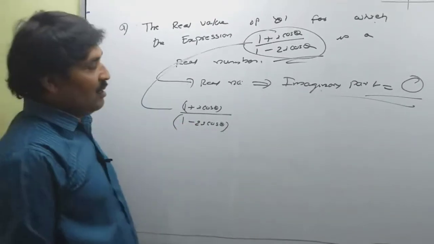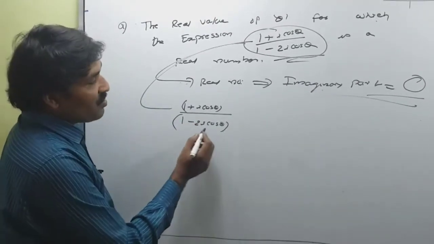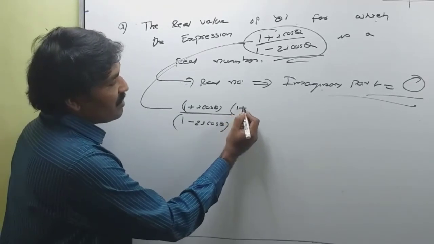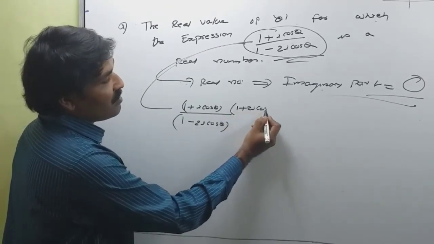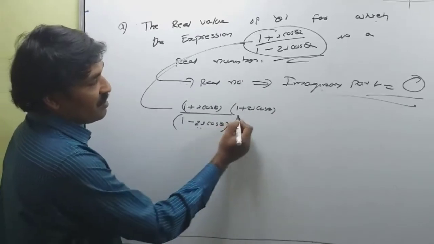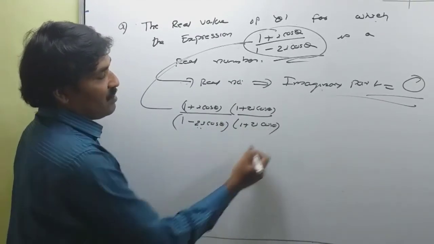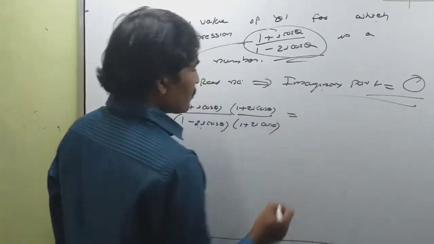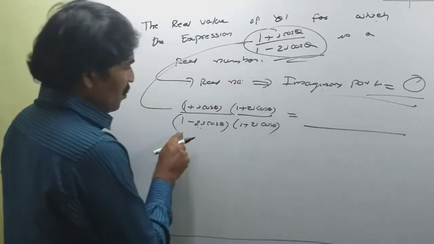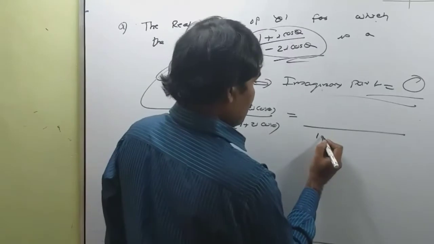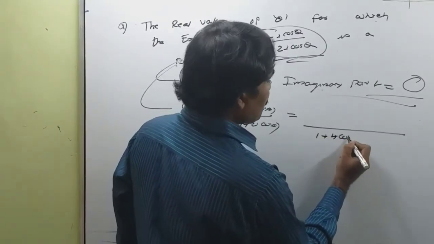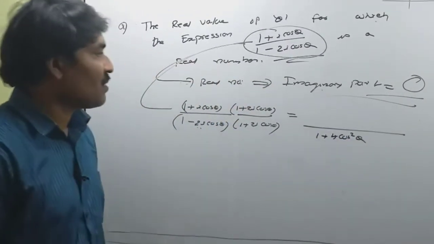Okay. Now convert it into the standard form. So, multiply and divide by the complex conjugate of this, 1 plus 2i cos theta. So, the denominator becomes 1 plus 4 cos square theta. Okay.